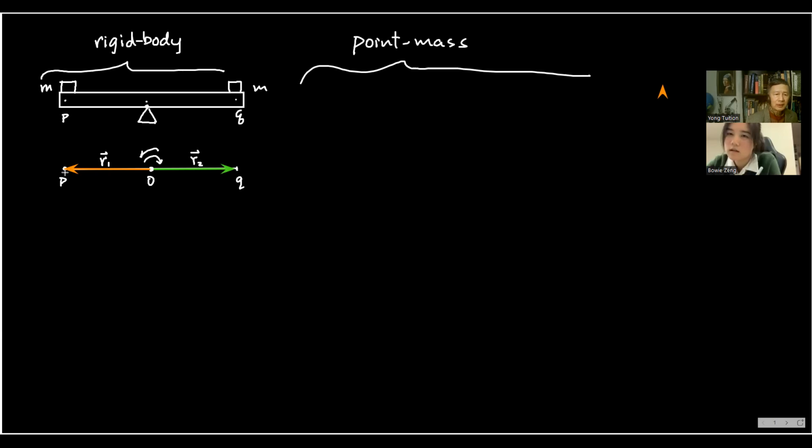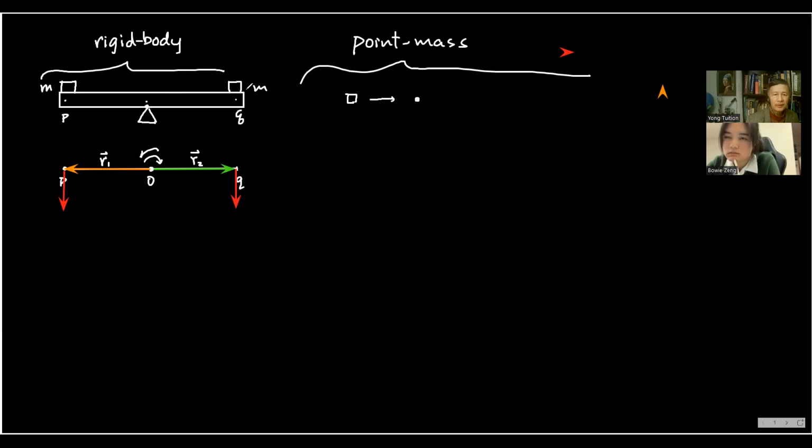So one force is downward, and there is another force downward here. Last time we talked about the forces acting on a point mass, right?